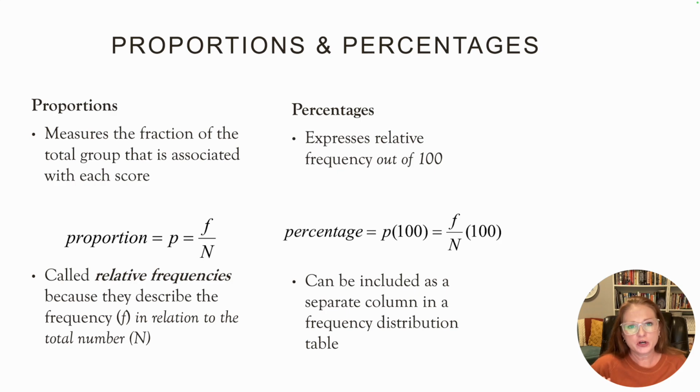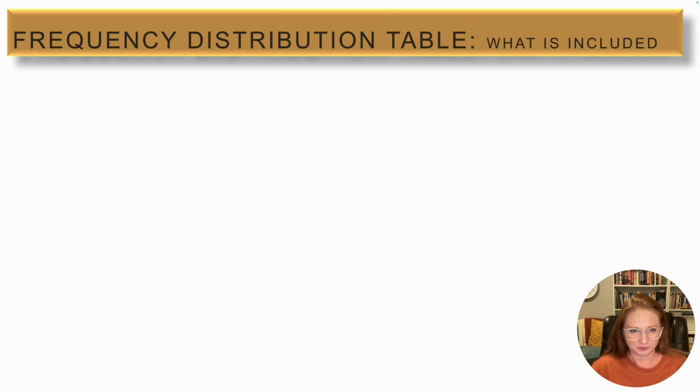So a proportion can also be called a relative frequency because they describe the frequency in relation to the total number of people that you have in that population. And the percentage, therefore, can be included as a separate column in each of the frequency distribution tables. So I know this is a lot of terms, and it's going to make a lot more sense once I can show you what it looks like in that table.